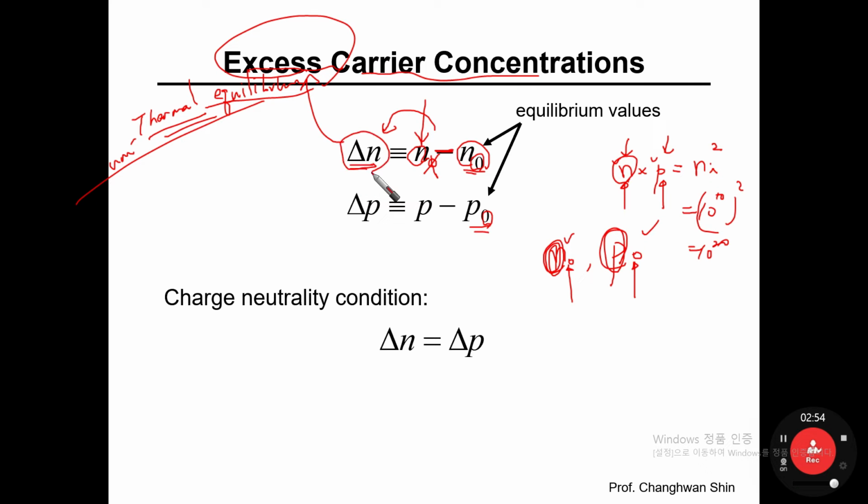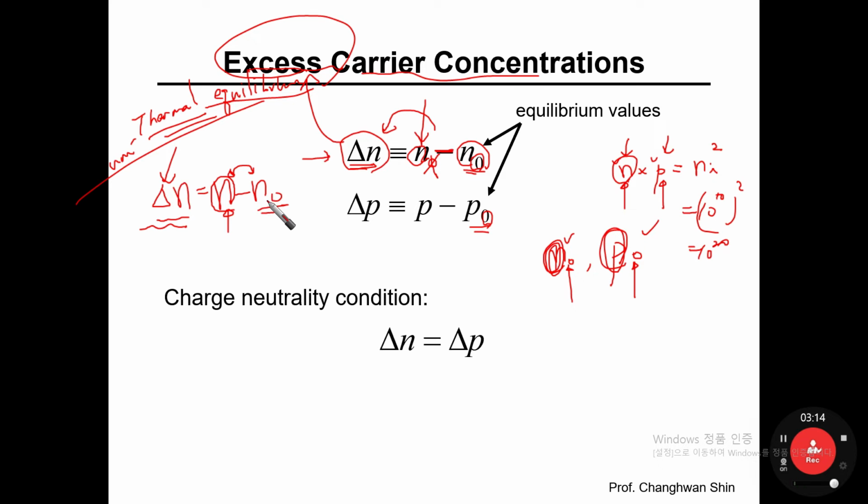So in that sense, you may write down the equation for excess electrons. Delta n indicates n minus n naught. So n naught is a reference number.